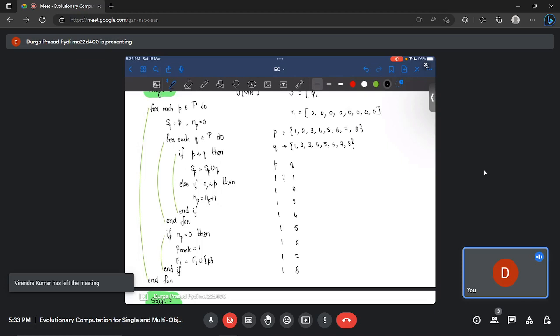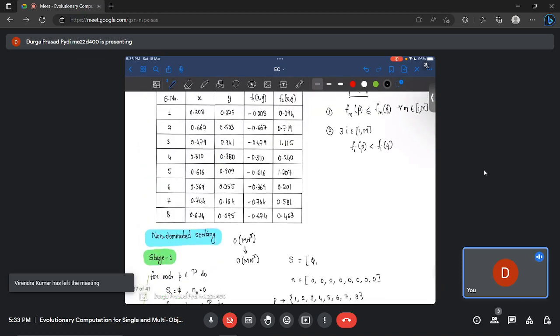If you want to compare 1 and 2, your P is 1 and your Q is 2, and you have F1P and F1Q, and F2P and F2Q.